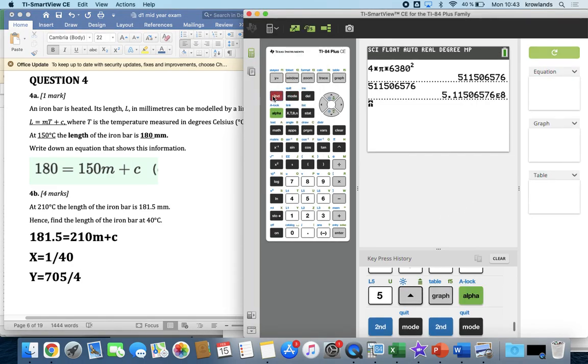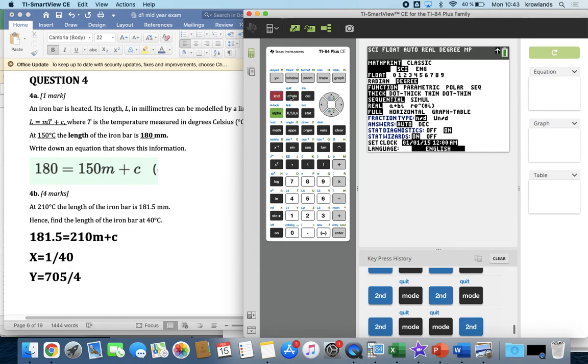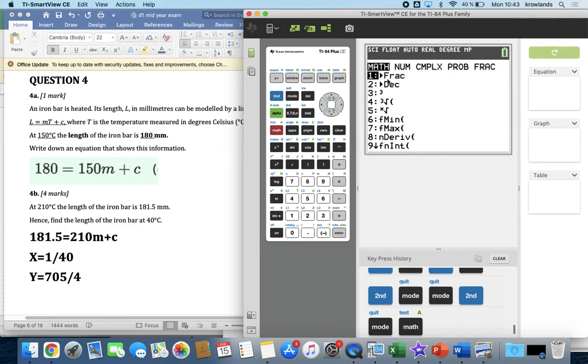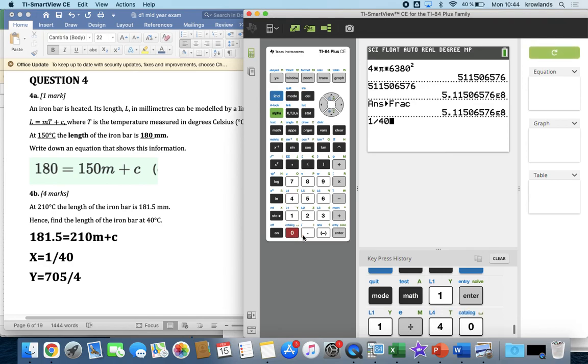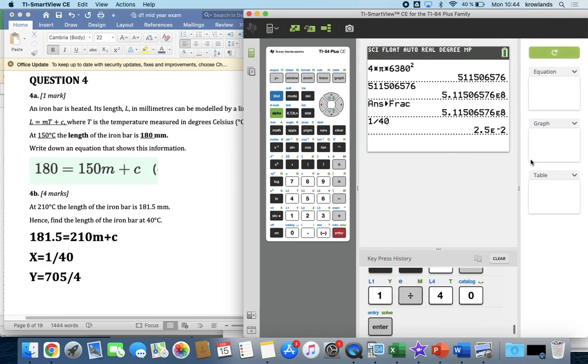So we're going to quit out of the menu now. And you could leave your answers like that, but you might want to leave it as a decimal. Let's have a look at how we would write this as a decimal. We'd click on the math button and we press fraction, which is number 1. And we are going to type in 1 divided by 40. And that gives us the answer.